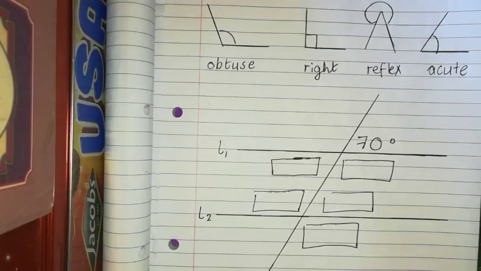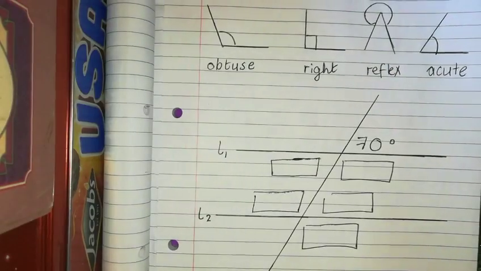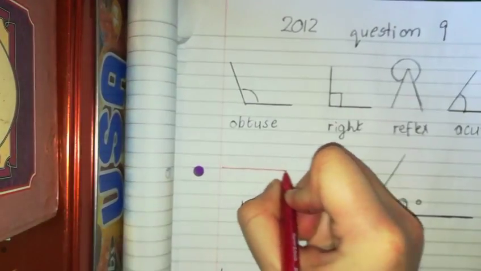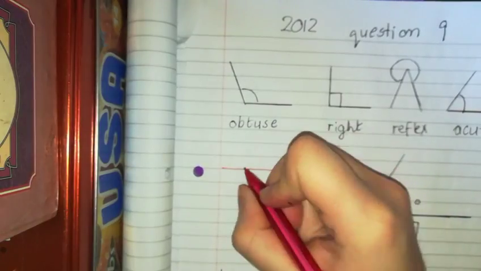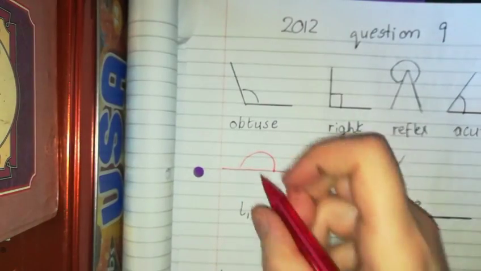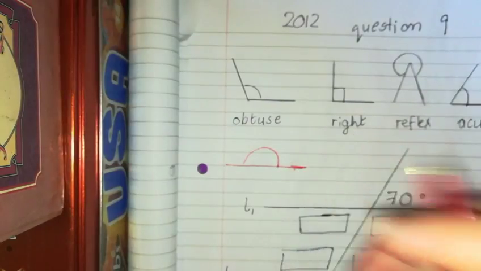So the first thing I can see here, well, I know that if I have a straight angle, just a straight line, the angles all together forming that straight line are going to add up to 180.